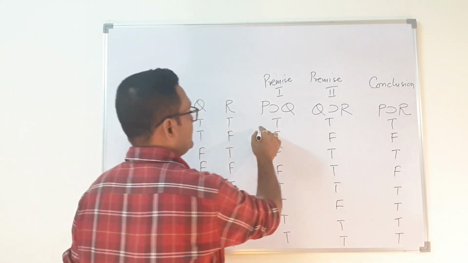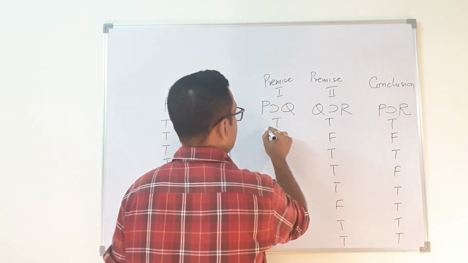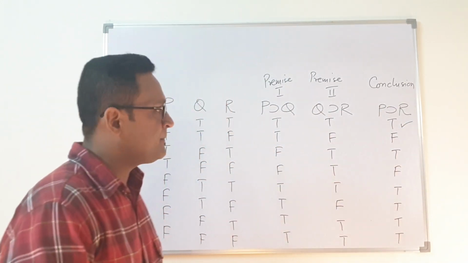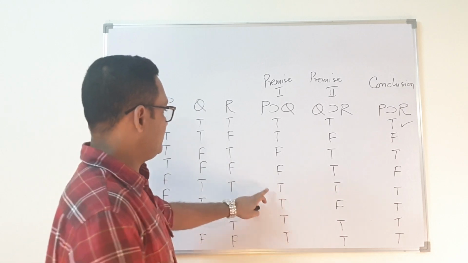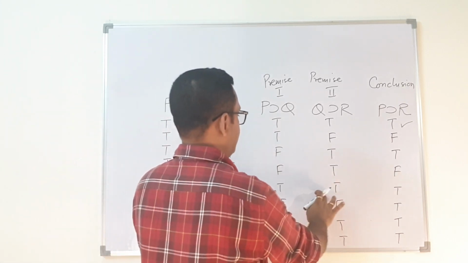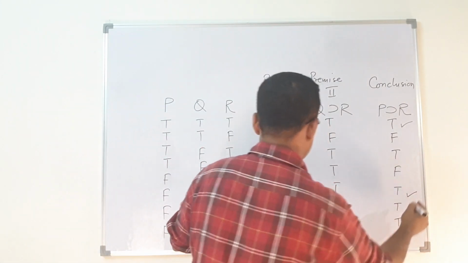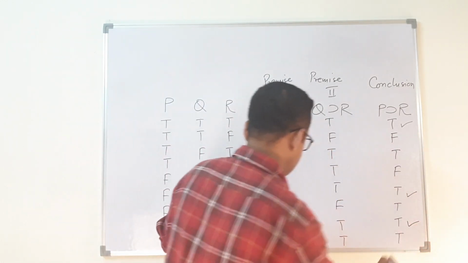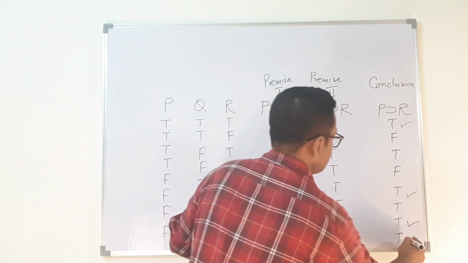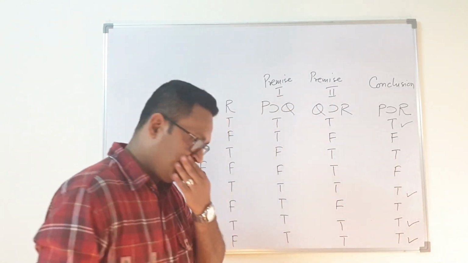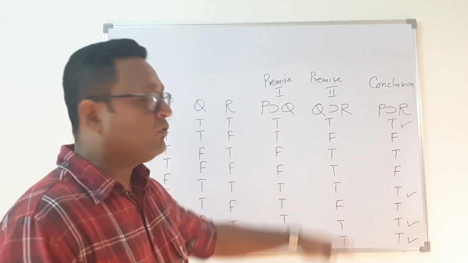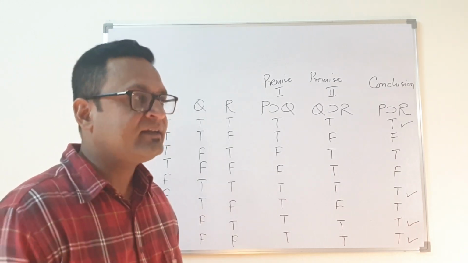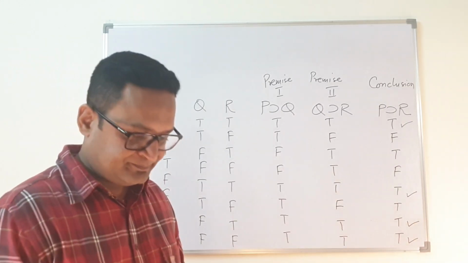You see that in this line, the premises are true and the conclusion is also true. So it is a good line. Then you find this line where the premises are true and the conclusion is also true. Then there is this line where premises are true and the conclusion is true. And here also the premises are true and the conclusion is true. So this has 4 good lines, no bad lines. So given that there is no bad line, this argument is valid.